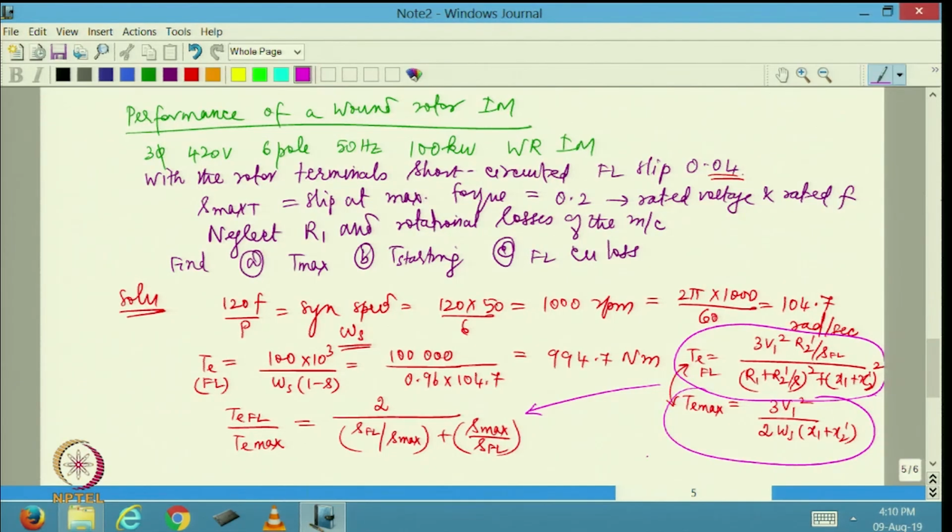So, these are really important equations. You should know how to derive these, but also how to use them. Okay? So, with this we have concluded the open circuit and short circuit tests as well as a couple of problems on induction motor. Okay?